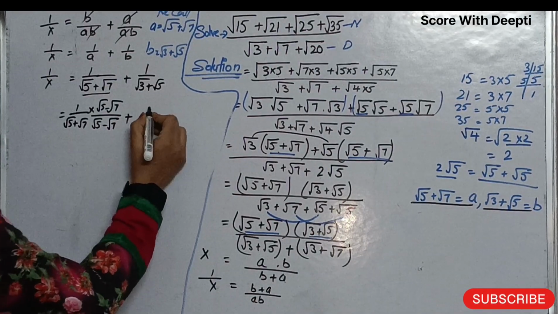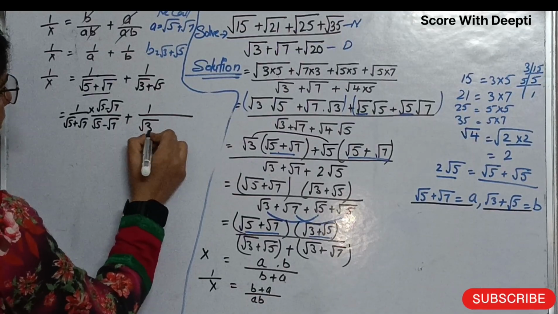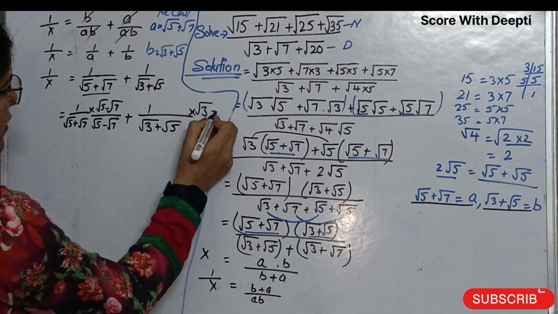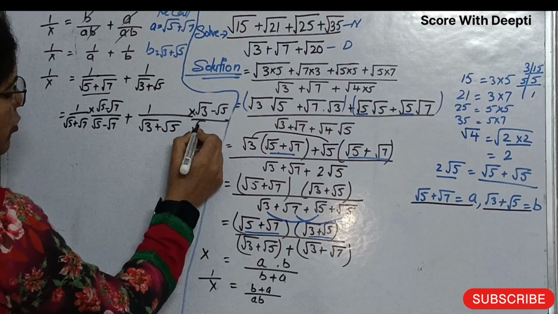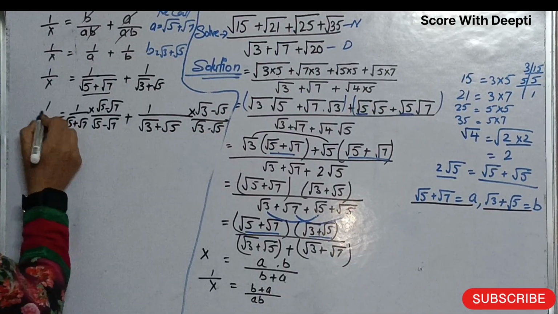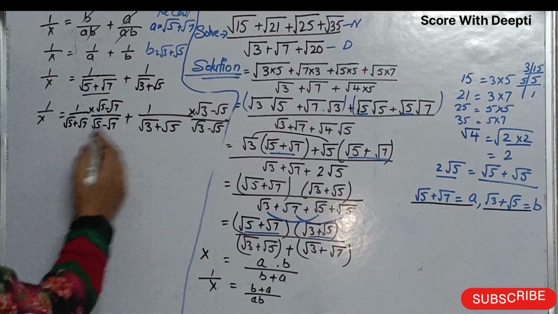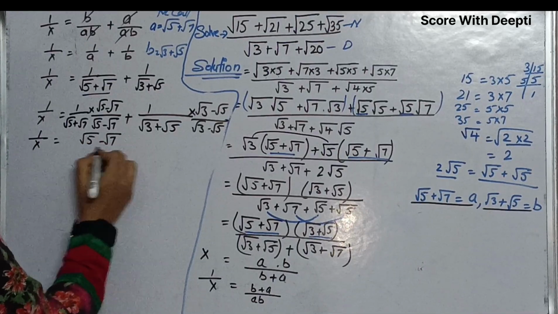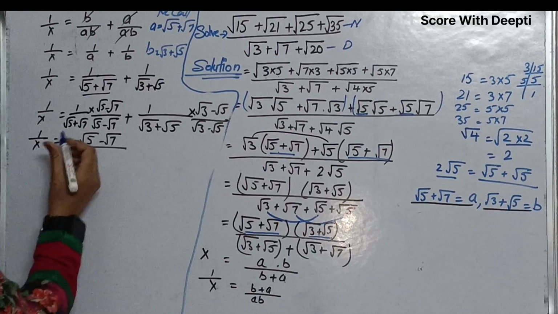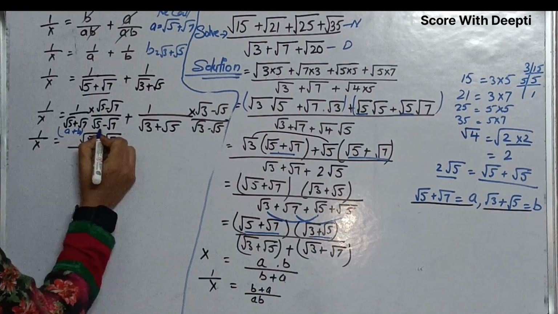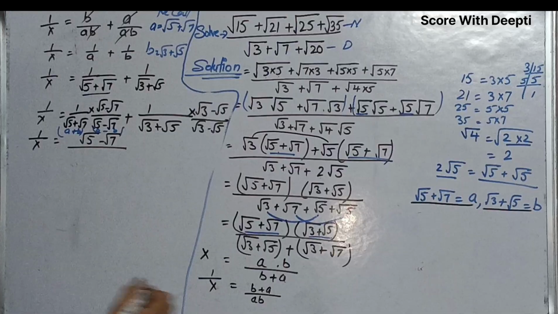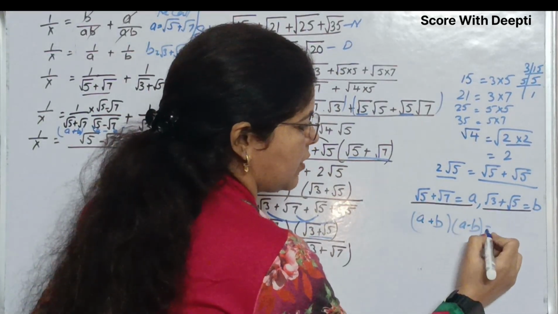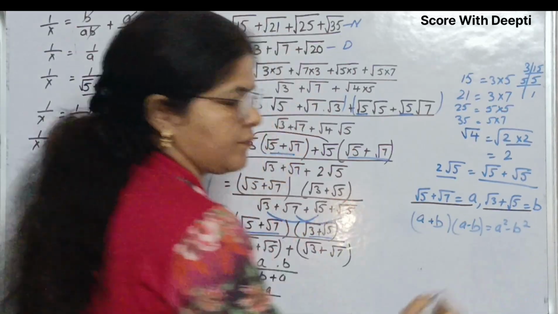Next, here again we will multiply with the conjugate of this term, square root 3 minus square root 5 over square root 3 minus square root 5. Next, we will solve this. We have a plus b into a minus b equal to a square minus b square.